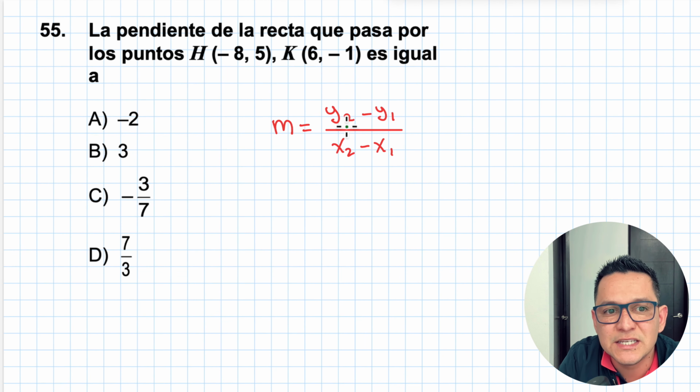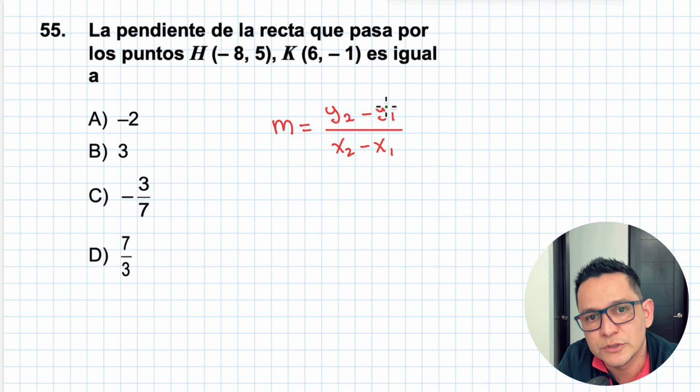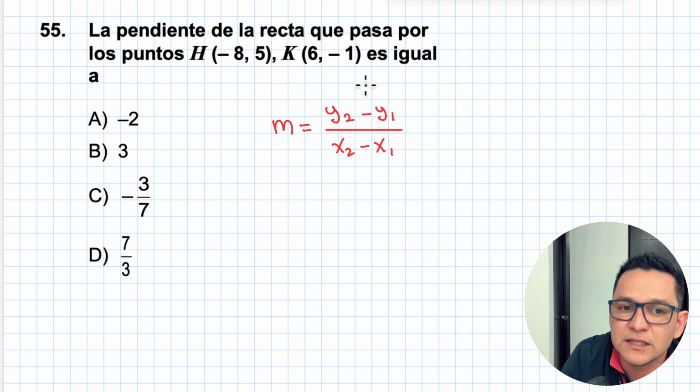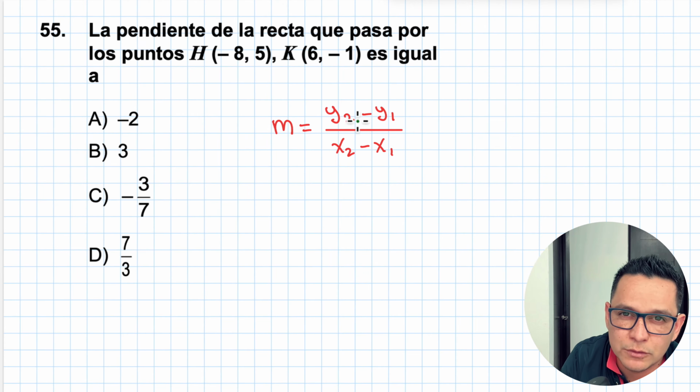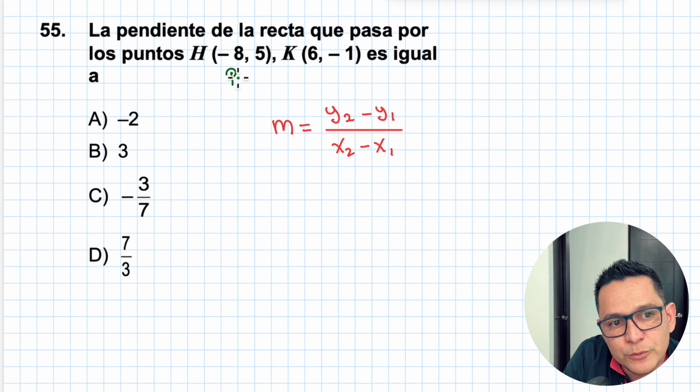Who is y2? Well, it's the y from point 2. Who is y1? Well, it's the y from point 1. And who is x2? It's the x from point 2. And who is x1? It's the x from point 1. So if I say this is point 1 and this is point 2, then this would be x1. This would be y1.